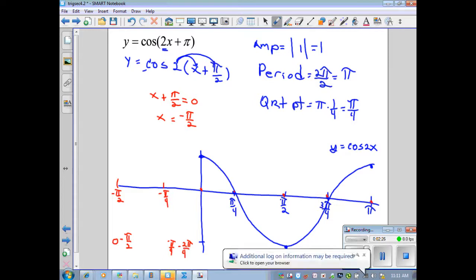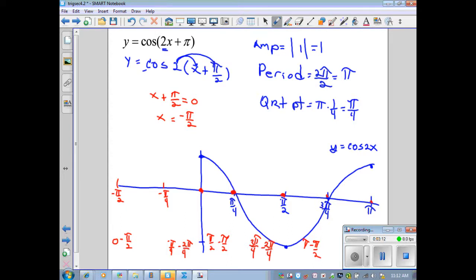Then we have pi over 2 minus pi over 2, which will be 0. Next, 3 pi fourths minus 2 pi fourths, or pi over 2, will give me 1 pi fourths. And then my last one, which will be pi minus pi over 2, will give me pi over 2.